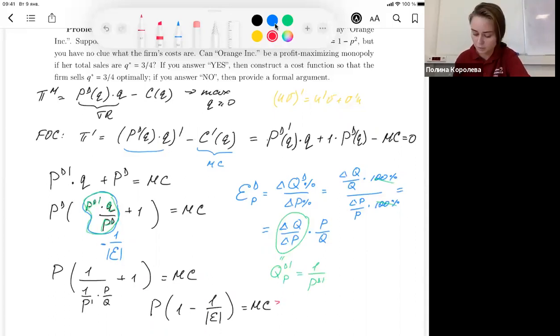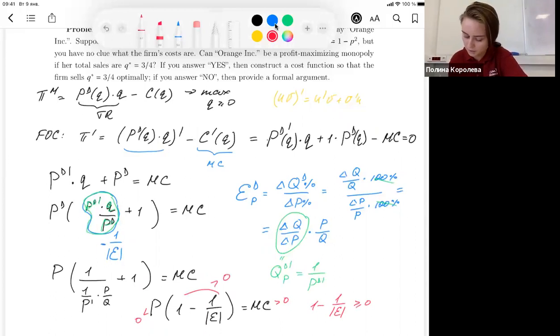Definitely marginal costs are positive. Price, the inverse demand function, each price is positive. So this bracket should also be positive. Agree? So 1 minus 1 over elasticity should be greater or equal than 0.